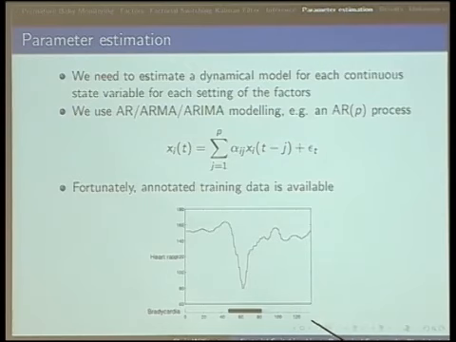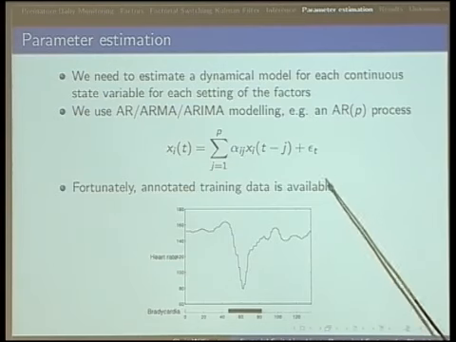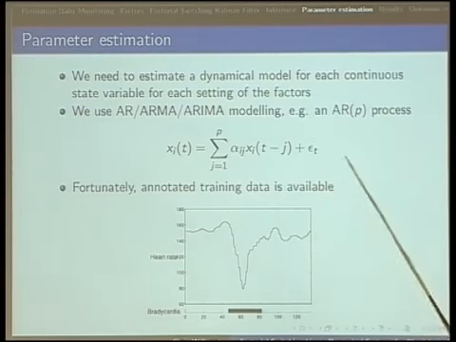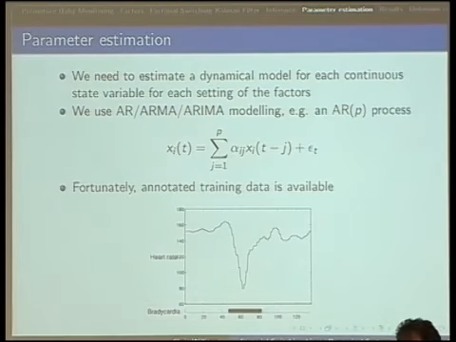If we had a full joint model over all the x's, that would be much more difficult. So it's a kind of pragmatic choice which relates to our application. We're just using AR models here, and this can be put in the general Kalman filter framework by stacking the last p observations into the state.